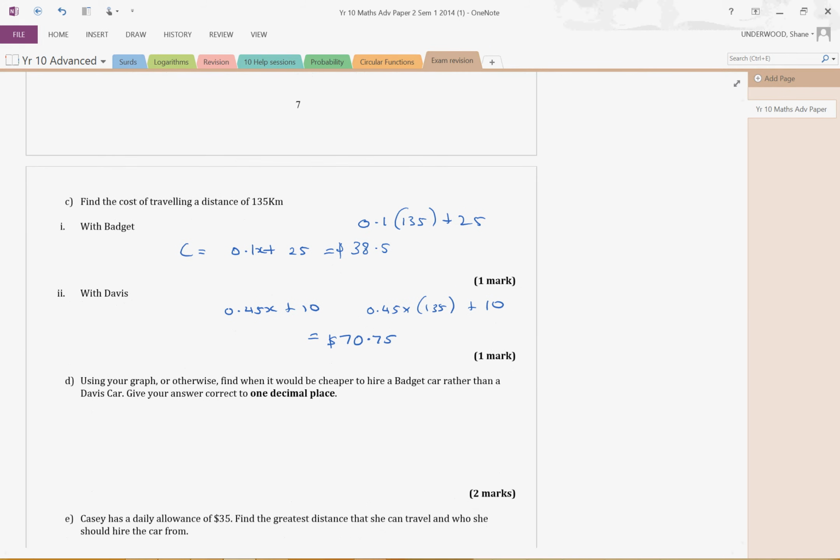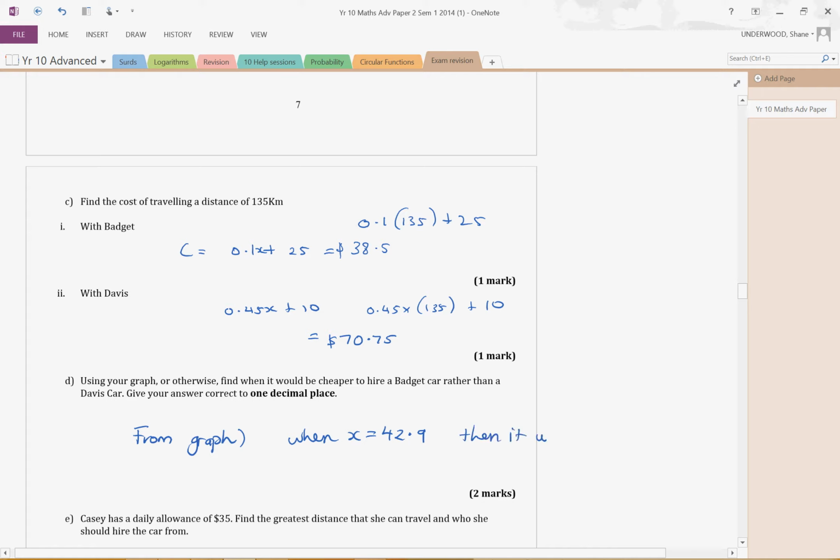So from the graph, when x is equal to, what was x equal to? 42.9. Then it would be cheaper.